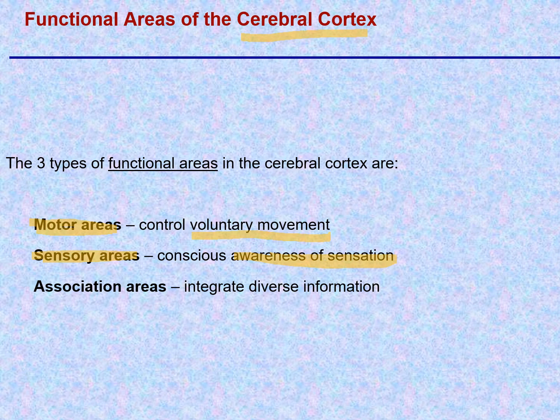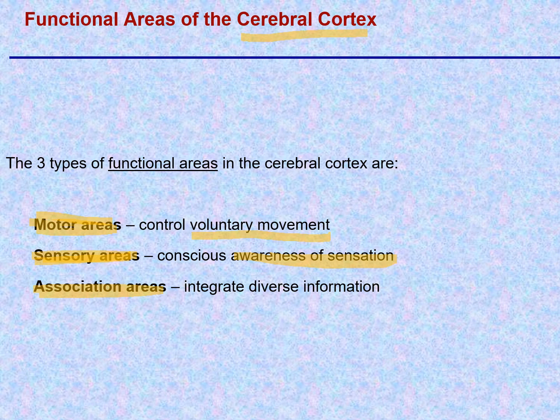And then there are association areas which will integrate diverse incoming information. So you control your voluntary movements through your motor areas. You are aware of sensations and are processing them through the sensory areas, and then association areas are integrating quite a bit of different types of information that are coming in.